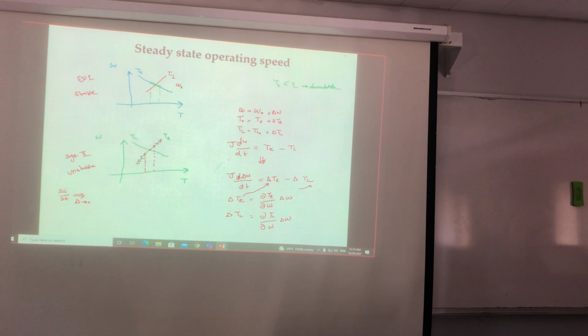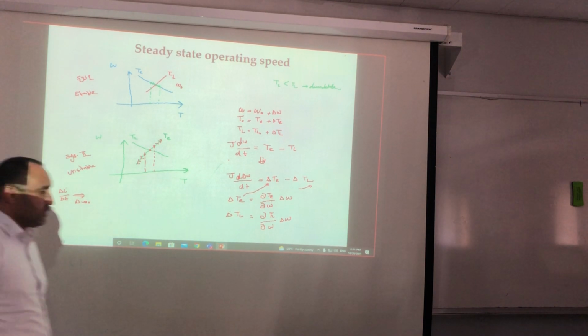By the way, simple is genius, because he's not using his brain. That is genius. Imagine if he uses it. What about the second one? The slope of TE is positive and TL is negative, so this one's unstable. Good? Yeah, good. Understood?